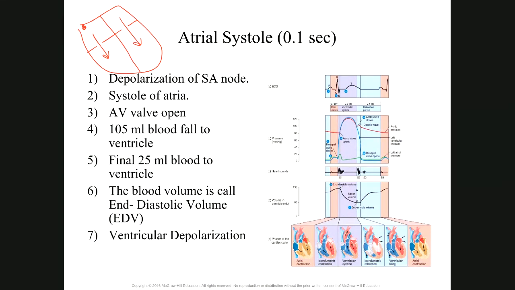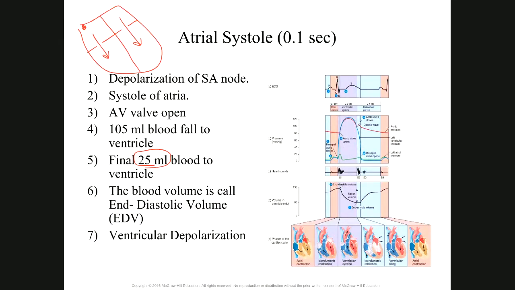After that, the auricles, which are the blind sacs suspended from your atria, go to contraction. By contraction of the auricles, about 25 milliliters of blood can come down to the ventricles. Now, how much blood do we have in each ventricle?